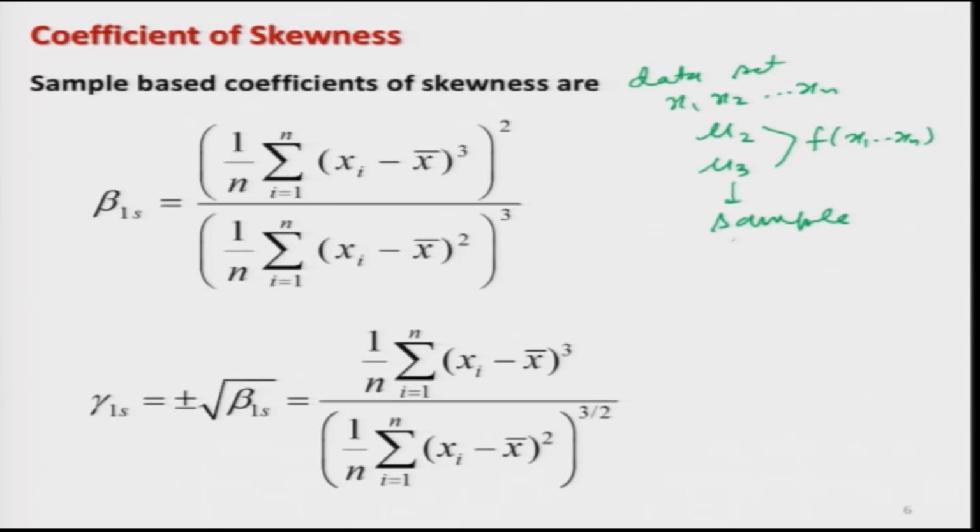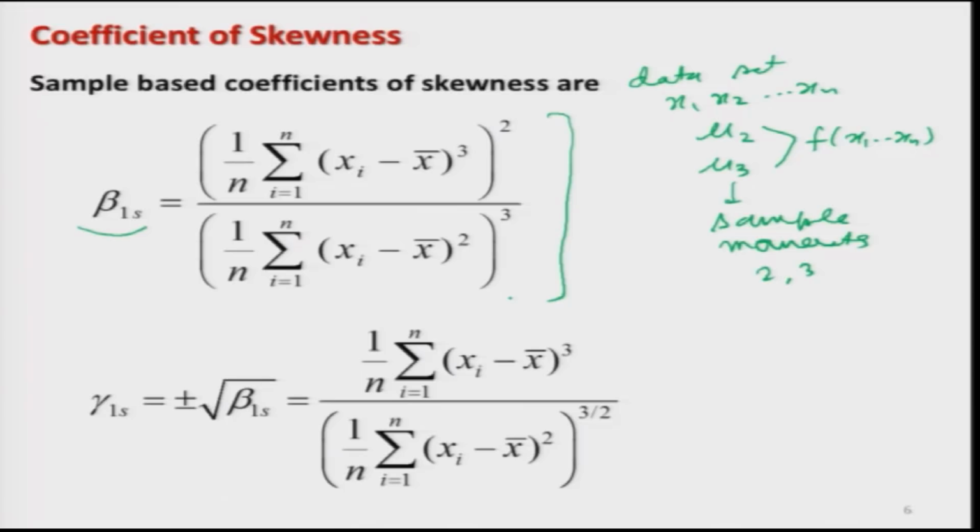So, we compute the sample moments of order 2 and 3, and we replace mu2 and mu3 by their sample moments. In this case, this beta 1 I denote by beta 1 s, that means beta 1 based on the sample values becomes like this.